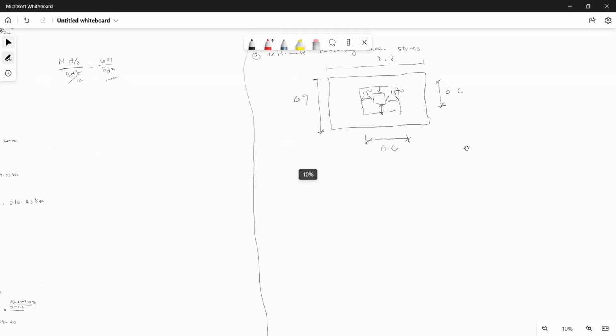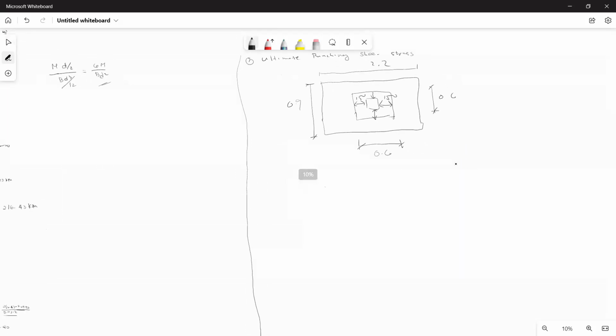Then, ano ba yung soil pressure niyan sa ilalim? Di ba ganito yung soil pressure niyan, trapezoidal. Ito yung QU max. So, ang tanging effective soil pressure dito is this point and this point. So basically, ito yung area na kailangan mo.